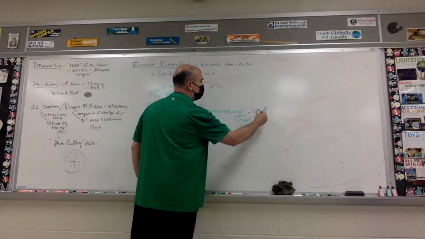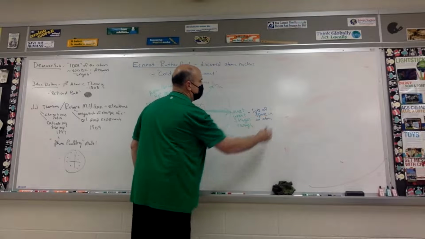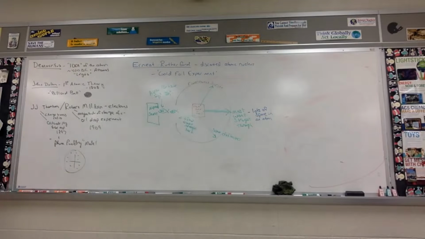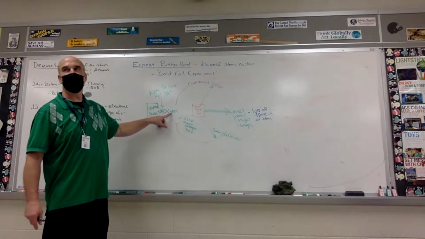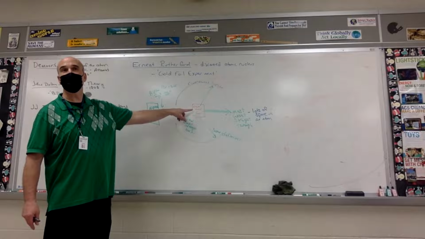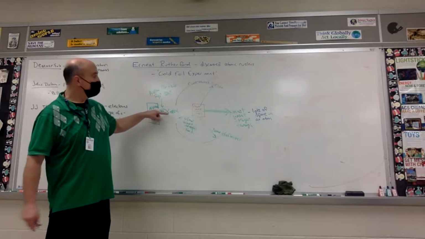So there had to be a lot of space in the atom because most of them are going right through without being deflected at all. But you're right, the ones that were deflected, since they're positively charged, they had to come close to something that was positively charged.